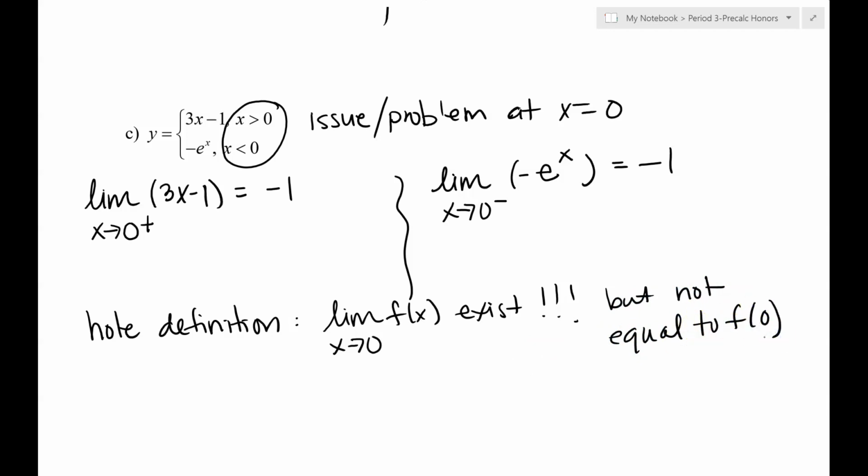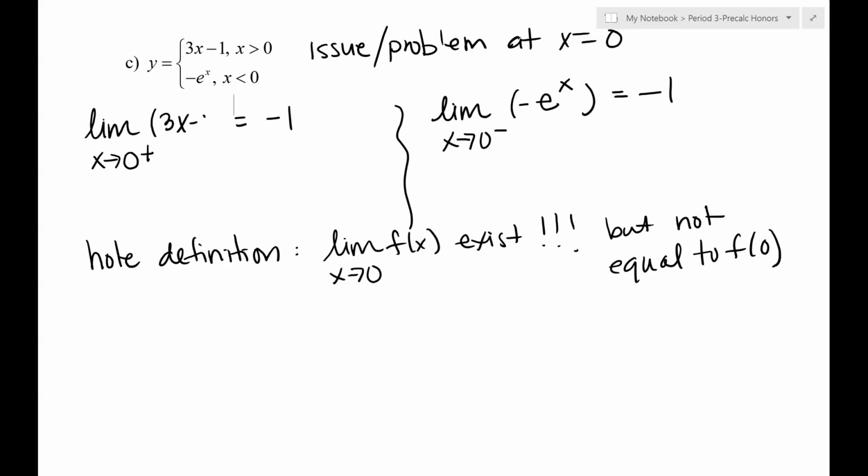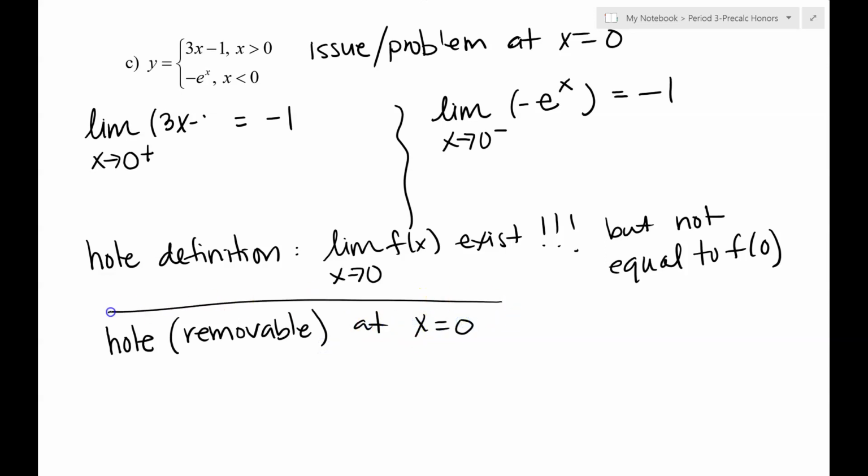Well, we don't even have an algebra value of f of 0 because you can see the notation, none of this has an equal sign on the bottom. So that's why f of 0, the algebra part of it, is not there. But the limit exists at 0. So therefore, class, this is called a hole, aka a removable discontinuity at x equals 0.